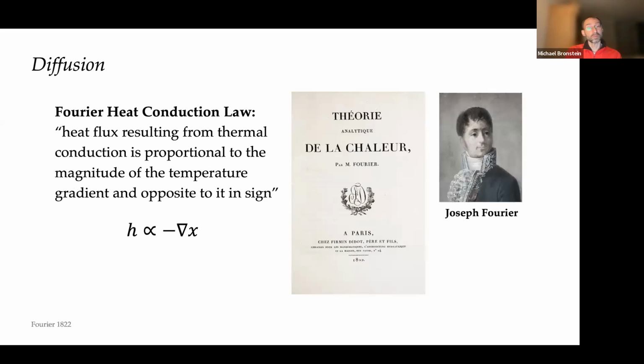So it took about 100 years before this was formulated more rigorously in the modern terminology of differential calculus. This is called the Fourier heat conduction law, published by Fourier in his classical book on the analytic theory of heat. And there he defined the heat flux that results from thermal conduction, saying that it's proportional to the magnitude of the temperature gradient and opposite to it in sign.